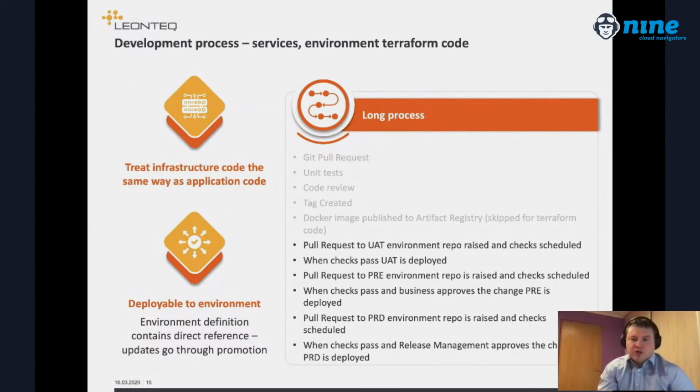So for some code to get to UAT, it's automated, so it has to pass all our test suites, and then it's deployed there, and then the manual acceptance testing is done, and when the business and QA sign off, then we put it to the staging environment, and then release management has the final say when we can proceed with it.